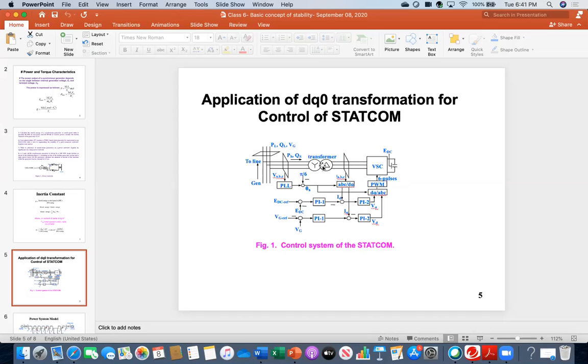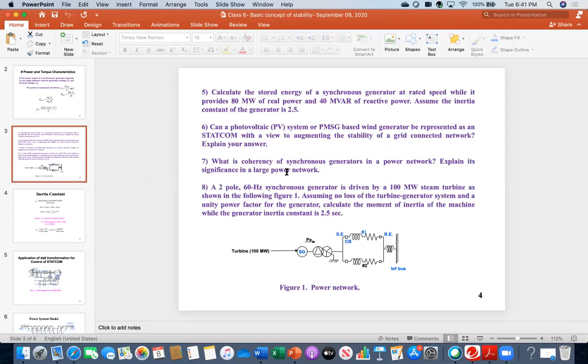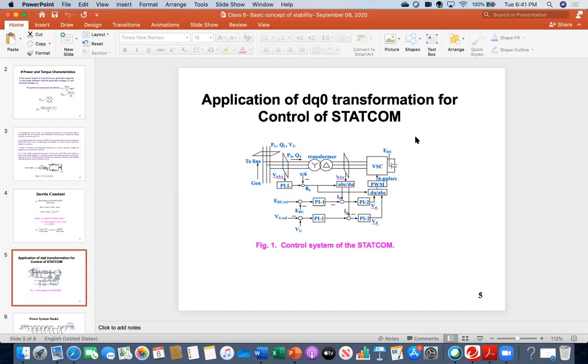This is the configuration for the STATCOM: a capacitor, a voltage source converter, and a transformer. Now, what question is being asked? Can a photovoltaic system or a PMSG based wind generator be treated as a STATCOM with a view to augmenting the stability of the grid connected network? It says stability because a STATCOM controls the reactive power of the system and hence improves the stability of the grid.